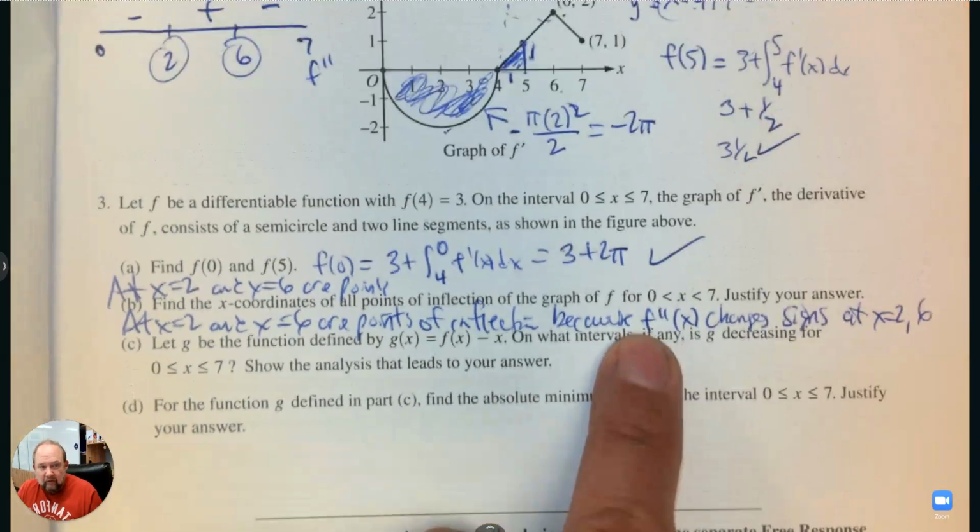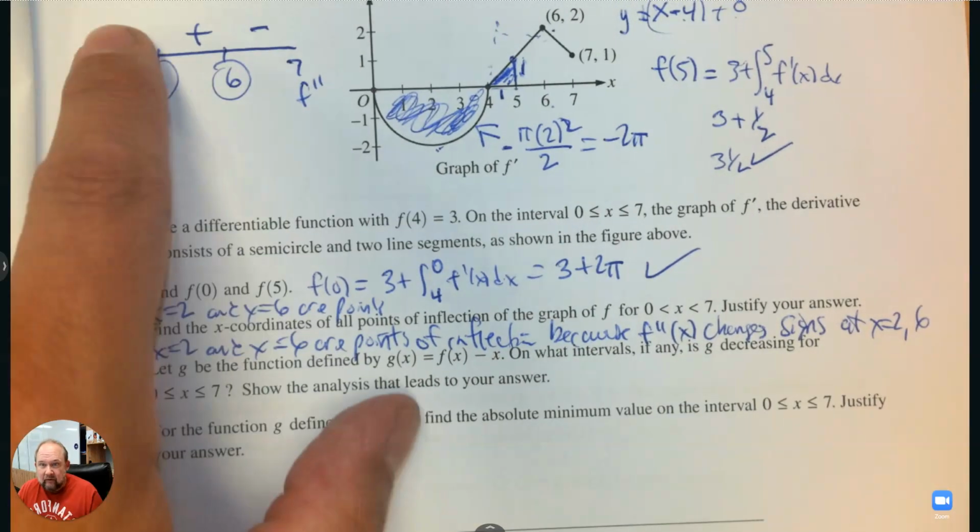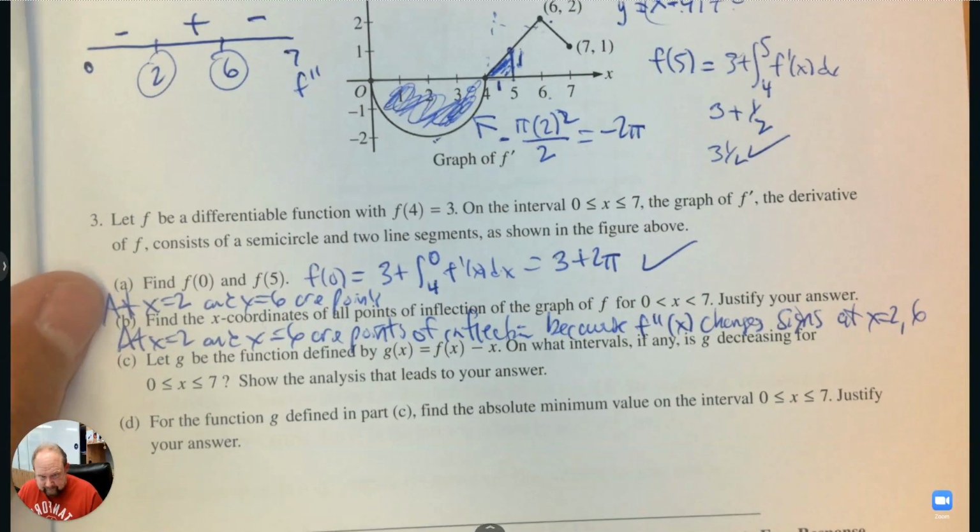So you say what you're looking for. I was looking at the second derivative. I was looking for sign changes, and you have it.